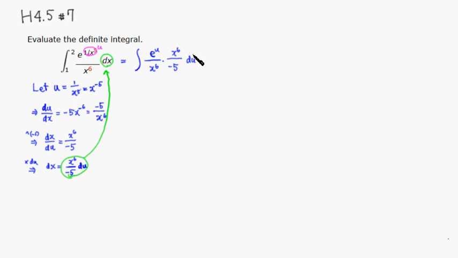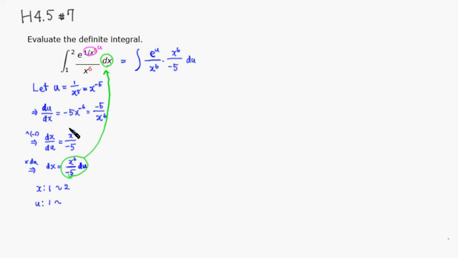Another thing is we have to convert the lower limit and the upper limit into u values. Right now x is going from 1 to 2. So u is going to go from, we just plug 1 into this function, 1 over 1 to the 5th, so it's still 1.